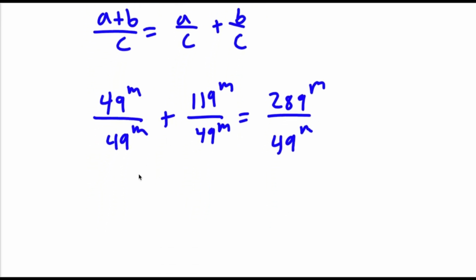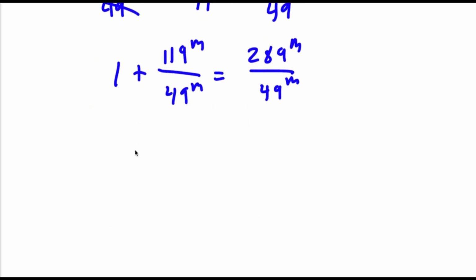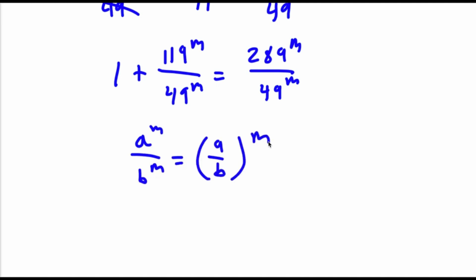Now, anything divided by itself is 1, so these two will simply cancel out, and I'm going to be left with 1 plus 119 to the power of m over 49 to the power of m is equal to 289 to the power of m over 49 to the power of m. Now, if I have something in the form a to the power of m over b to the power of m, this is actually equal to (a over b) to the power of m.